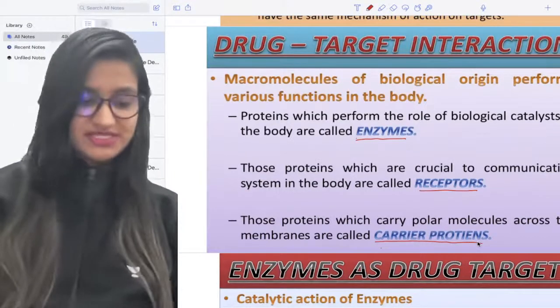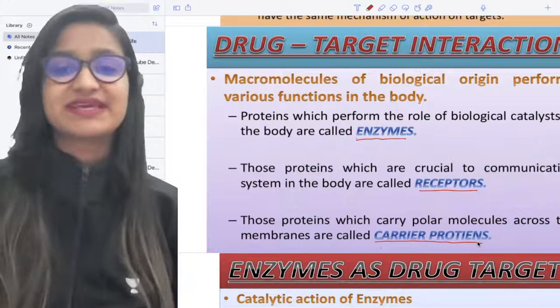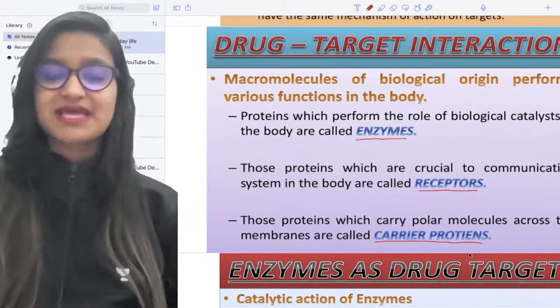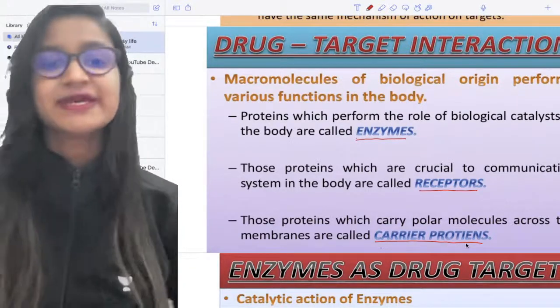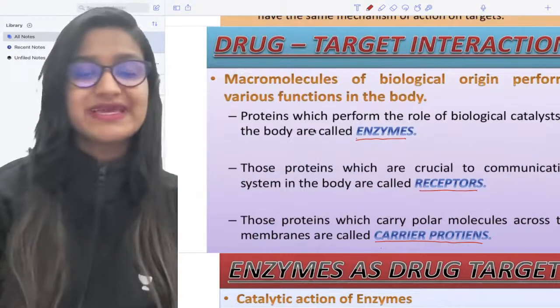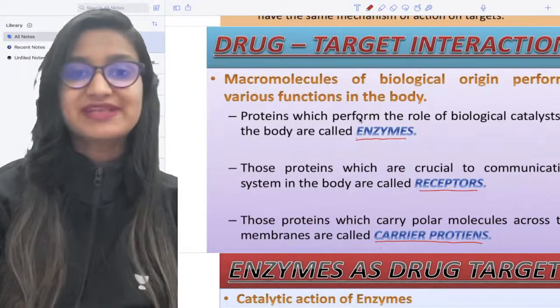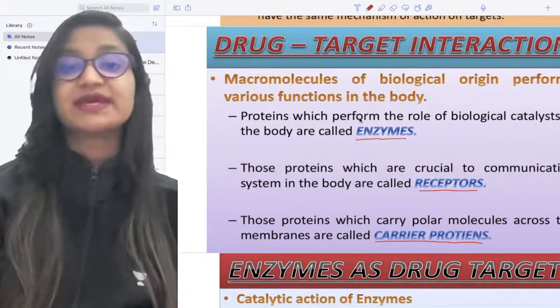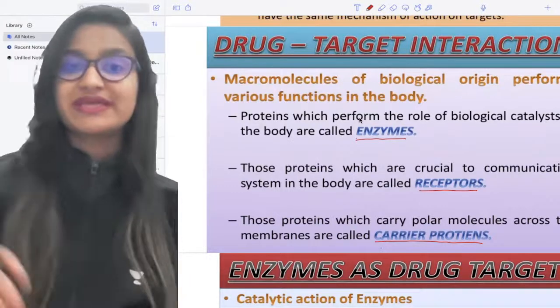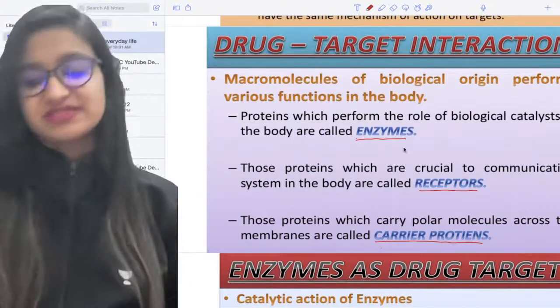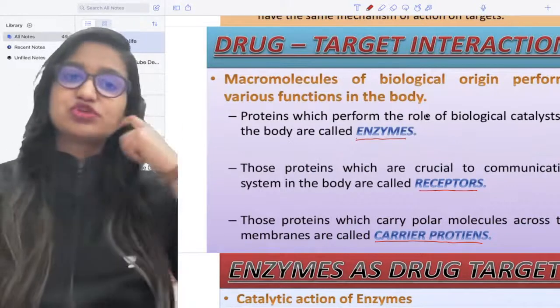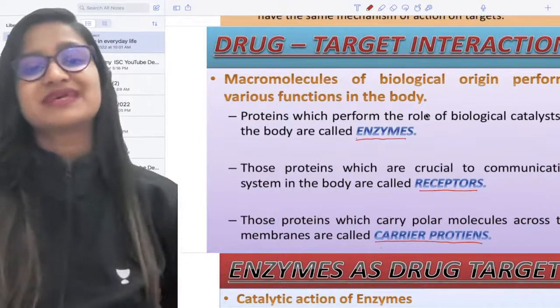Those which work like biological catalysts in our body, enhancing the activity, are called enzymes. What do you call them? You call them enzymes.